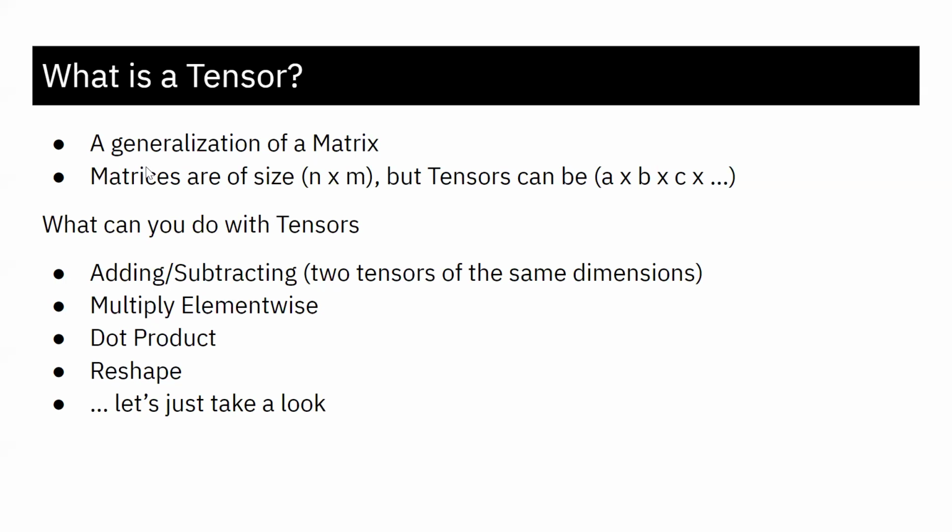So, stuff you can do with tensors. You can add, subtract, multiply element-wise, take the dot product, the same as matrices, and you can reshape them. Adding, subtracting, and element-wise multiplication, you can only do if the 2 tensors are of the same size. If you try to in something like PyTorch, it's going to say you have a dimension mismatch, and that's probably why.